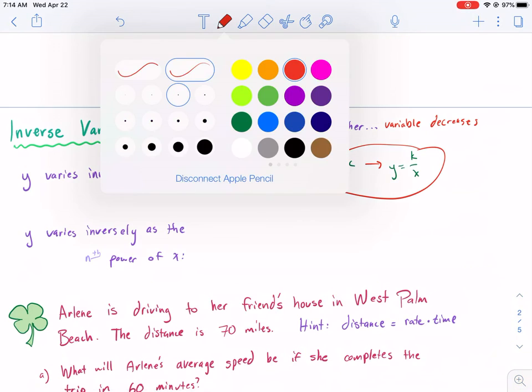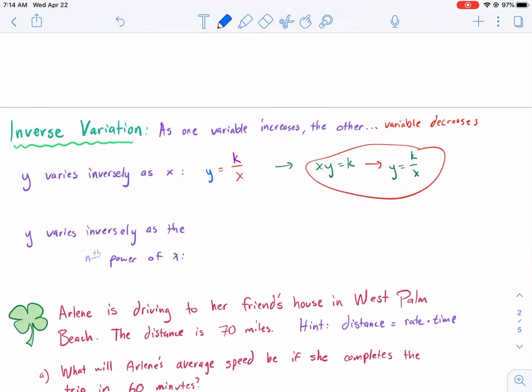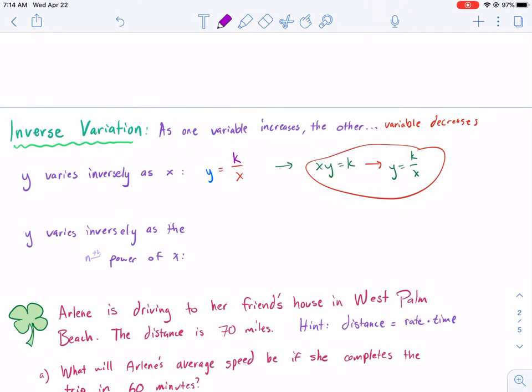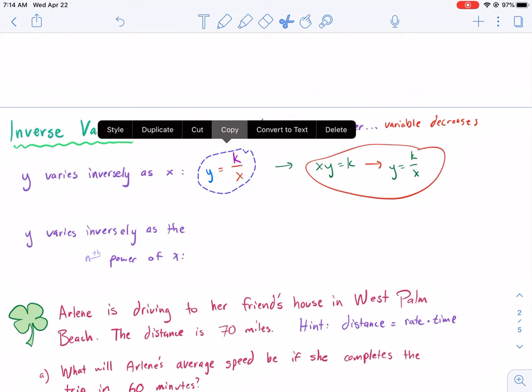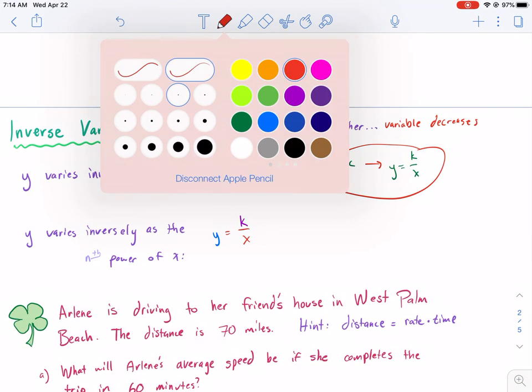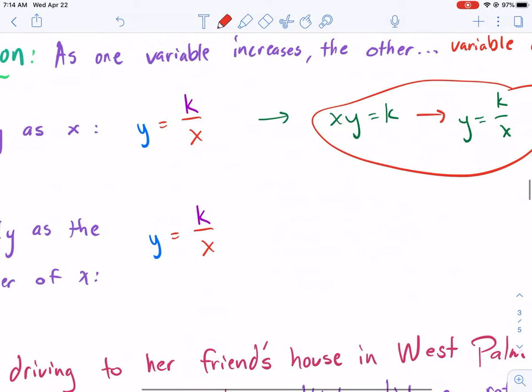The other form that you will see sometimes is y varies inversely as the nth power of x. You'll see this often with problems involving gravity or any sort of acceleration. And the only difference with this is you have to raise x to the nth power.